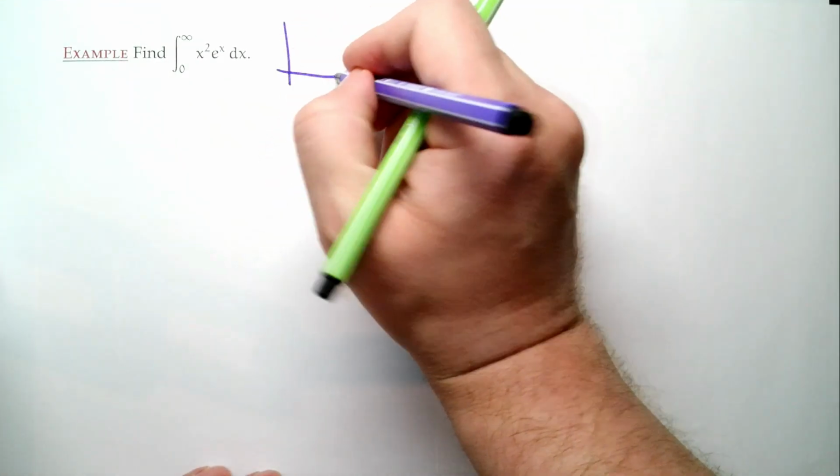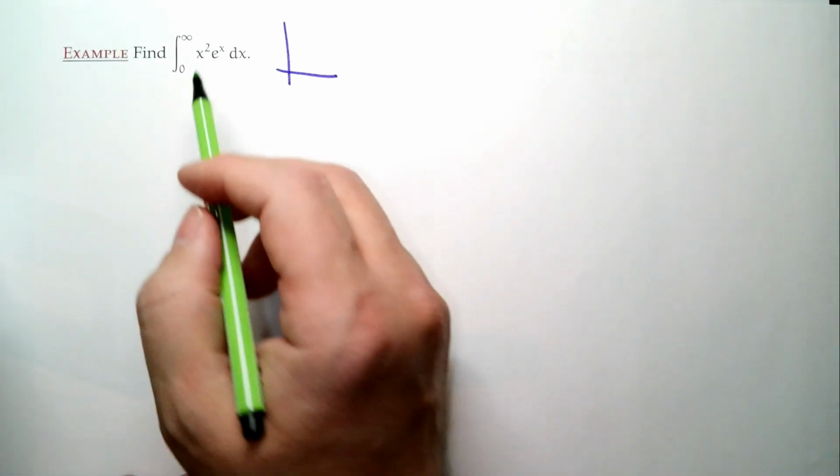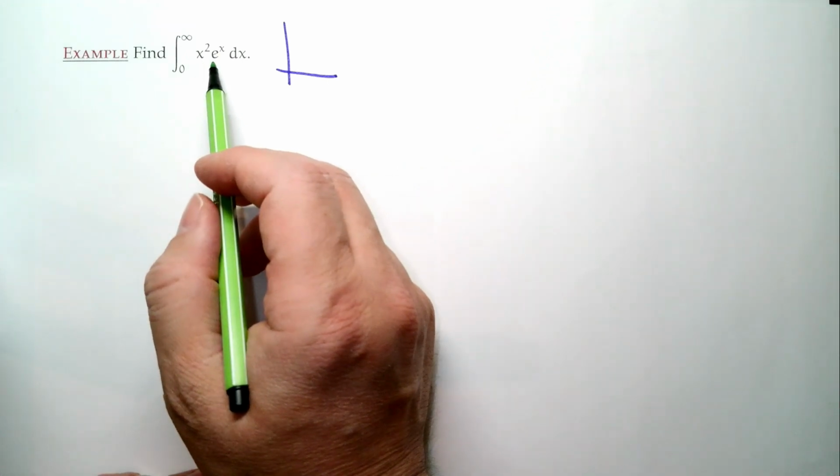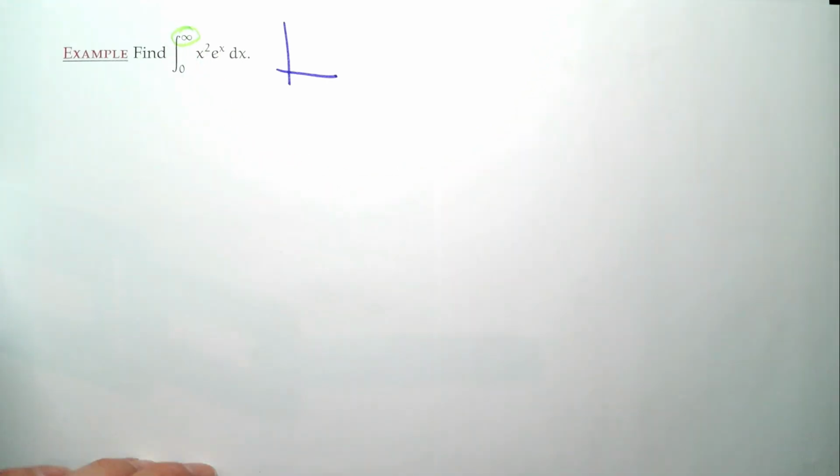Now, if we were to sketch x squared e to the x, we don't have to do a great job, but what happens to the function x squared e to the x? As x gets big, what happens to that function? Because we're heading towards infinity. See, there's our problem, is infinity.